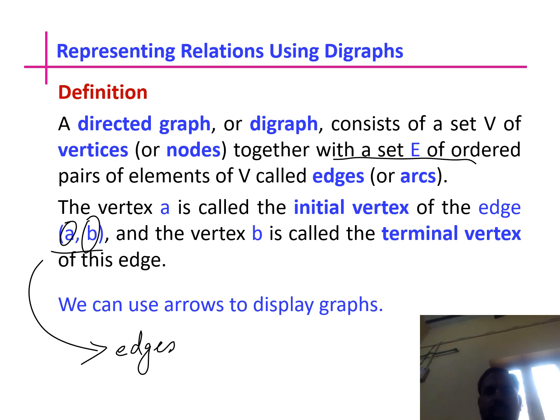The vertex A is called the initial vertex of the edge AB, and the vertex B is called the terminal vertex of this edge. We can use arrows to display the graphs.